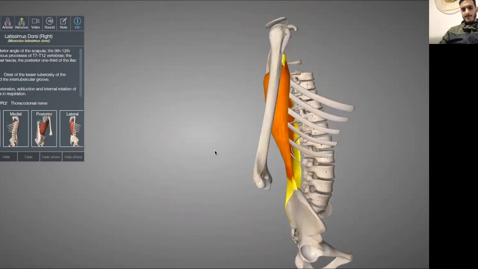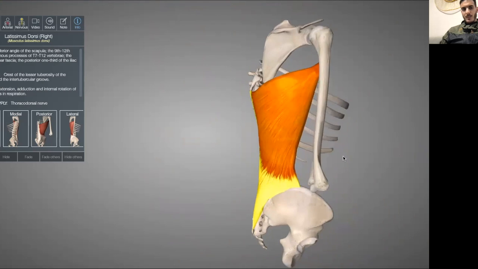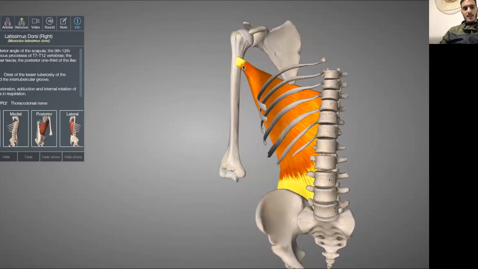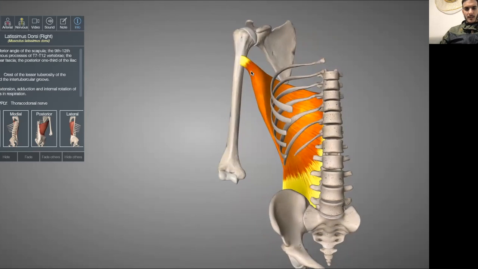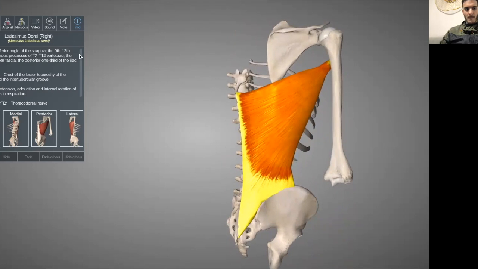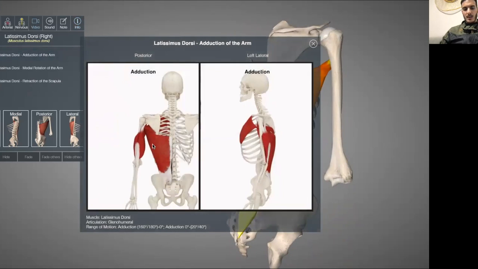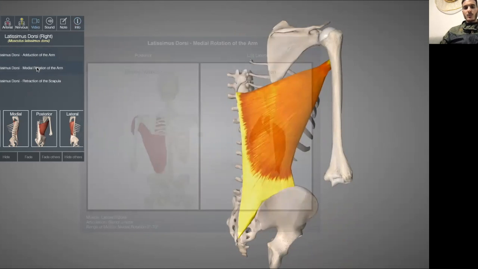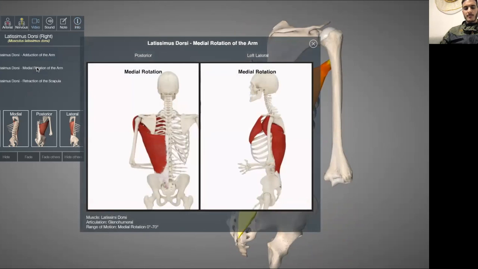It inserts into the crest of the lesser tubercle of the humerus and the intertubercular groove. That's the insertion. The actions: you can see that it has some control over the arm, causes adduction of the arm. It also causes medial rotation of the arm.